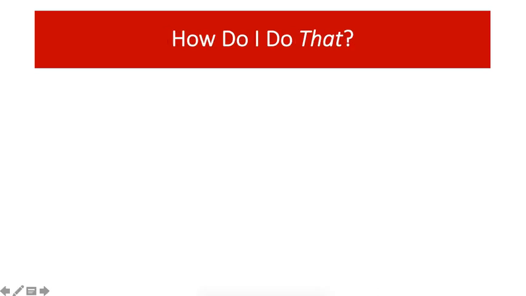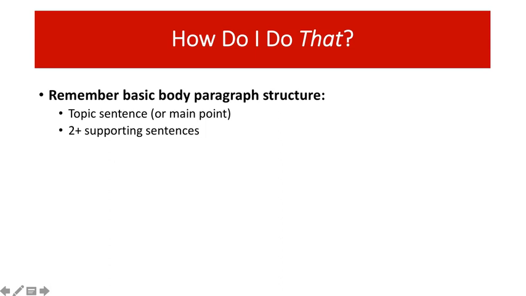So you may be wondering, how am I going to do that? This is actually in line with something most people are already familiar with, this concept that you need to have two things in academic body paragraphs. You need to have a topic sentence, which is the main point you are trying to make for that paragraph, and you need at least two supporting detail sentences.